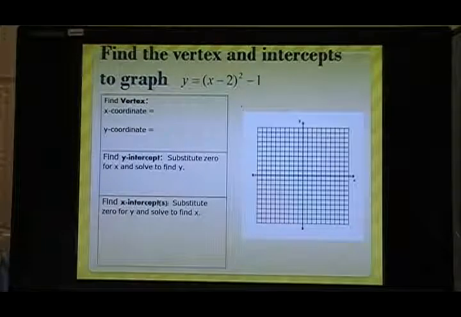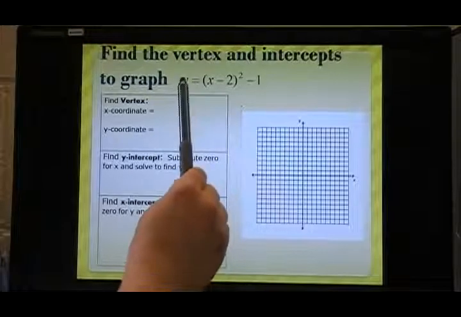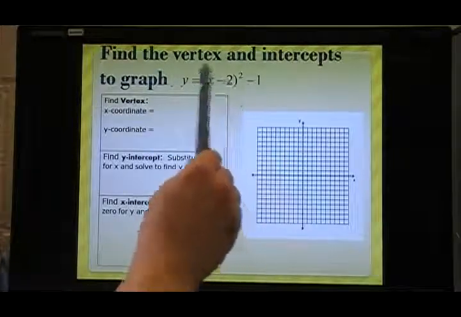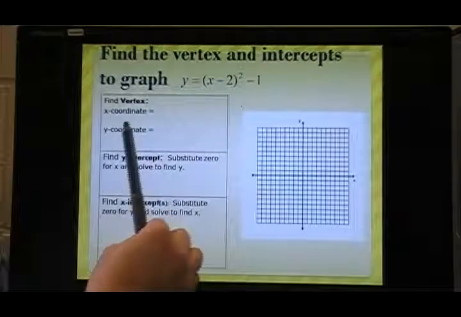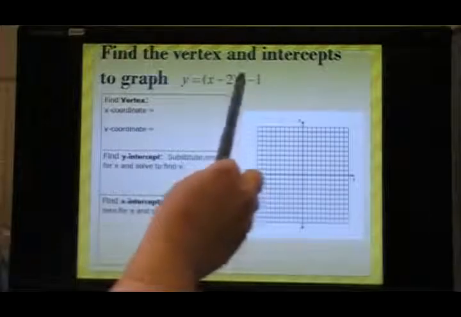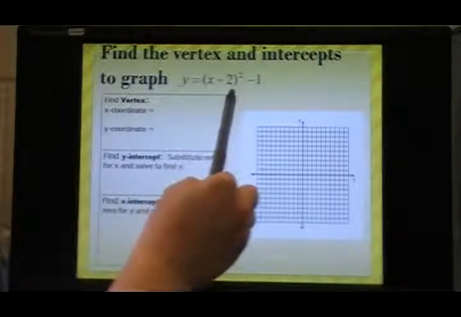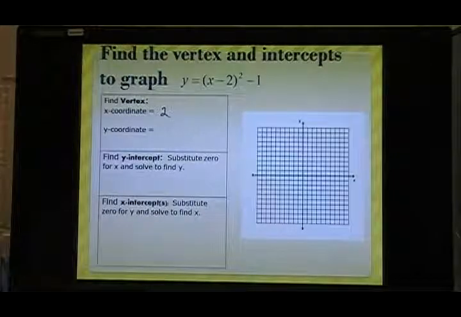If we want to find the vertex and intercepts to graph this, here we have y equals x minus 2, quantity squared, minus 1. So the x-coordinate is going to be the number that makes the inside of the parentheses equal 0. So the x-coordinate of the vertex is 2.